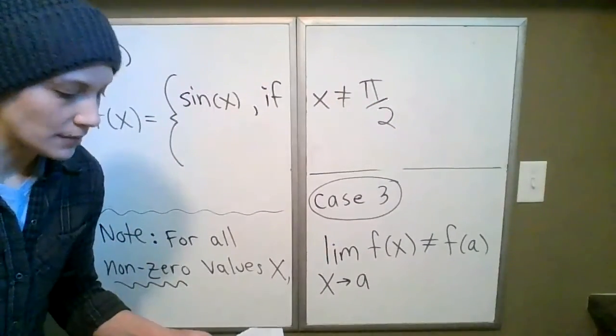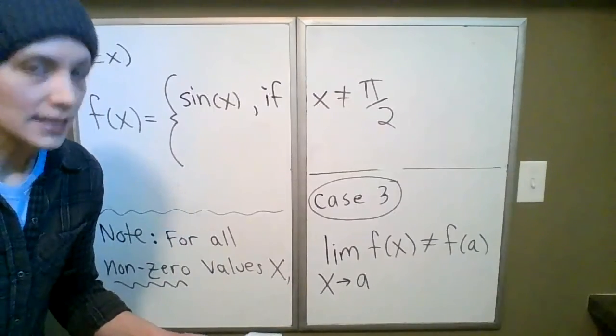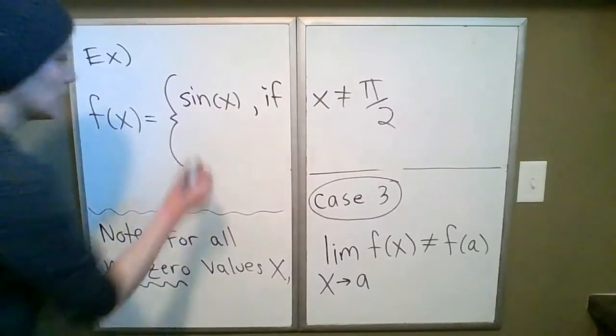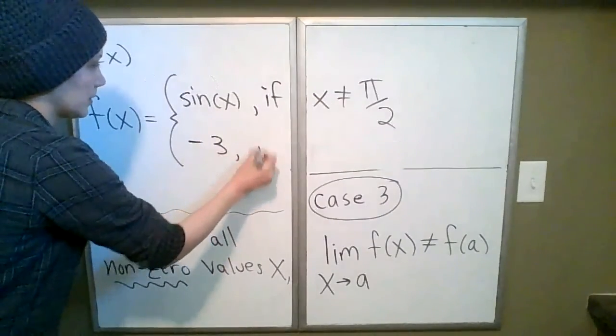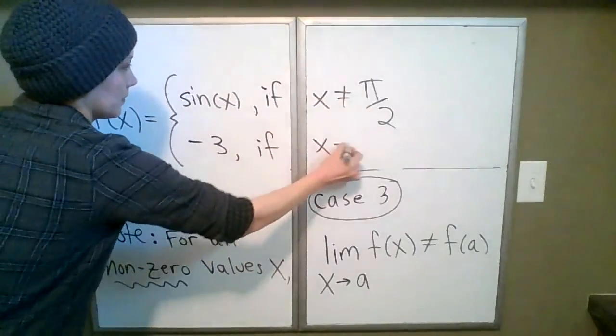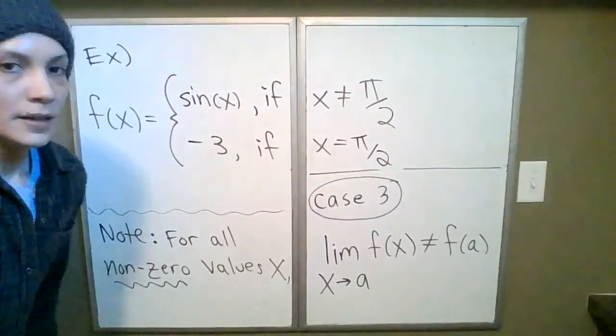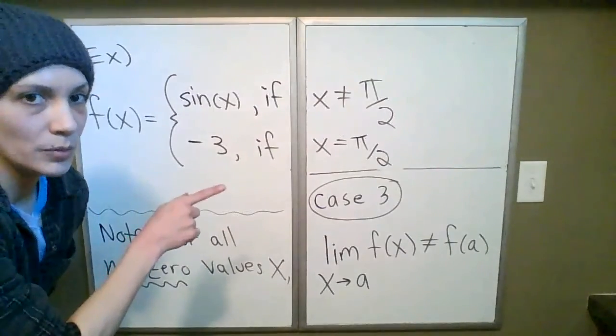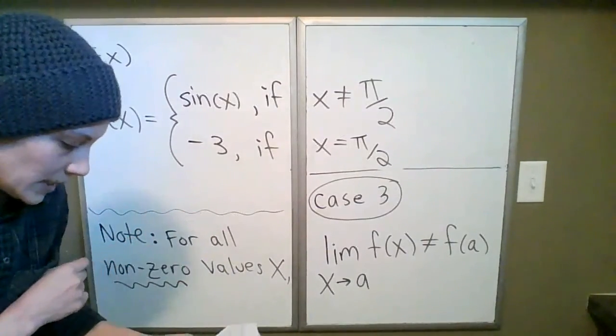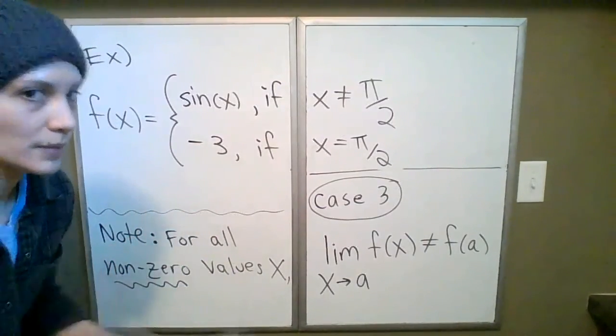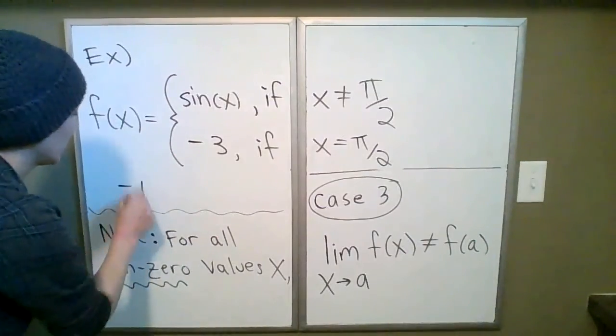Other piece is negative 3 when x is equal to pi over 2. All right, okay, next time we'll draw this graph and we'll look at the limit as x approaches pi over 2. But we're done with class for today.